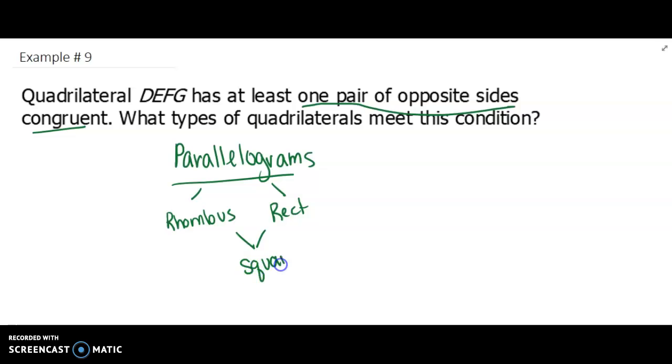So all of these. Now a kite has adjacent sides congruent, but opposite sides are not congruent, so not a kite. And then not a trapezoid, but an isosceles trapezoid matches this as well. I think that might be an E.